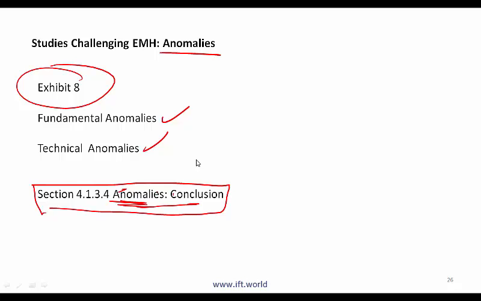But when you get into small cap stocks or emerging markets where the information is more scattered, less available, there is more inefficiency. And in those markets, the value of fundamental analysis will be more. Wherever there is more inefficiency, there the value of fundamental analysis will be more. So I think those points are well captured in this section. So make sure you read it a couple of times.